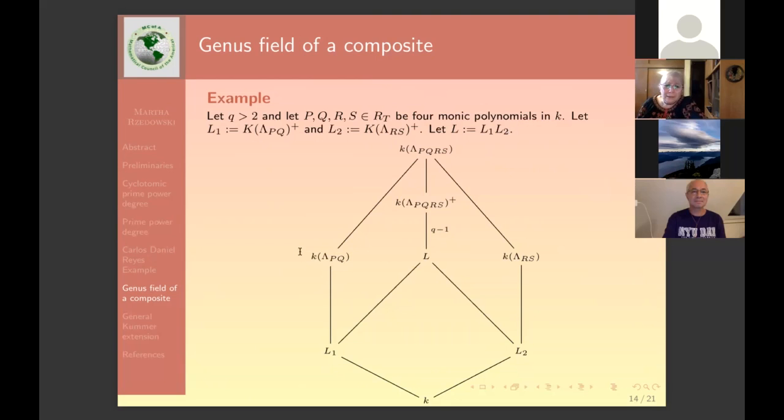So L1 is K(λ_PQ), and L2 is K(λ_RS), well, actually plus the maximal subfields. So they are here, sorry.